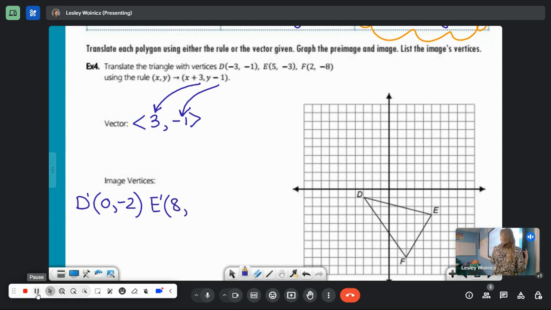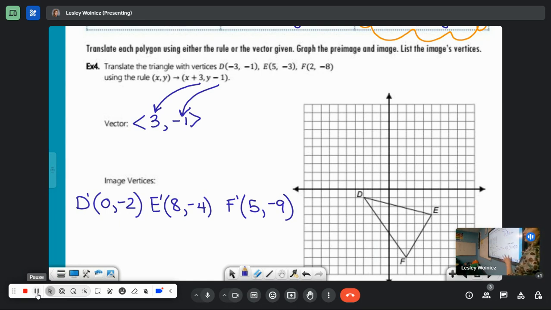And then I'm at negative 3, and I want to shift down 1 more. Negative 4. Okay, for f prime, 2 plus 3 is 5. Negative 8 minus 1, negative 9. So, did I need the graph? No, I can just use the coordinate rule.